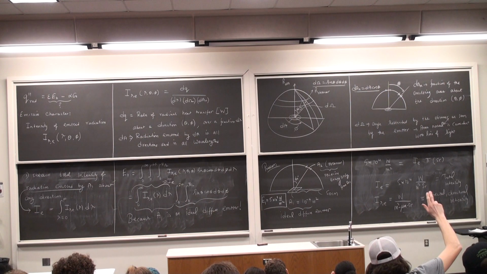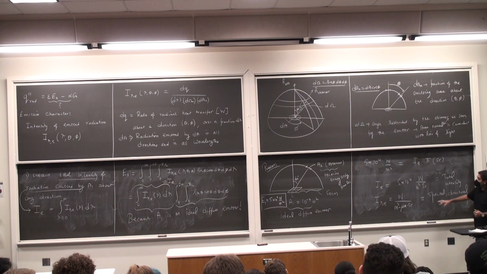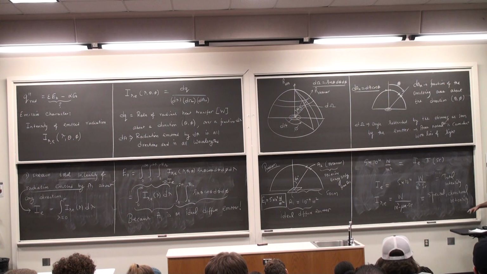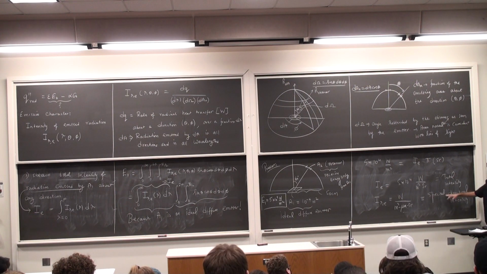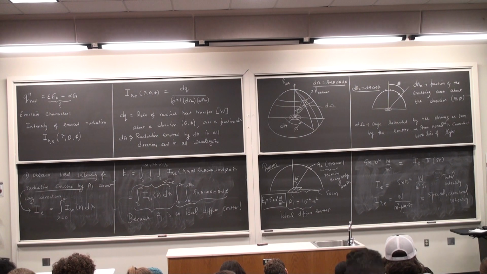Sometimes, to make sure that this is different from that, we use the word spectral to denote the wavelength dependence. But in many situations, this could just be a purely spectral quantity without any directional dependence, which is what we have in the case of an ideal diffuse emitter.